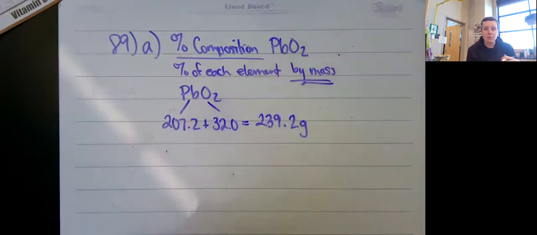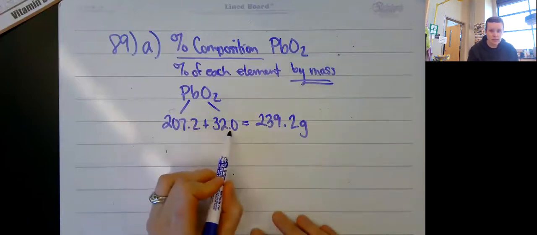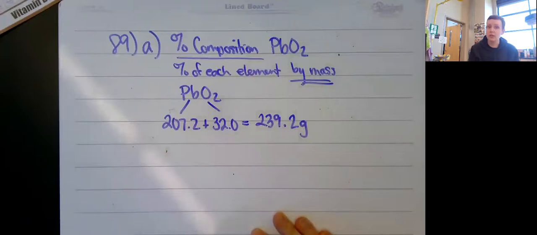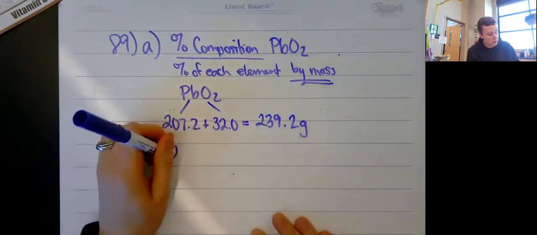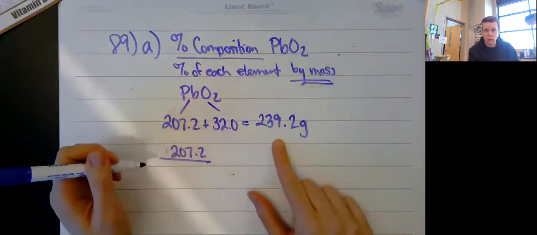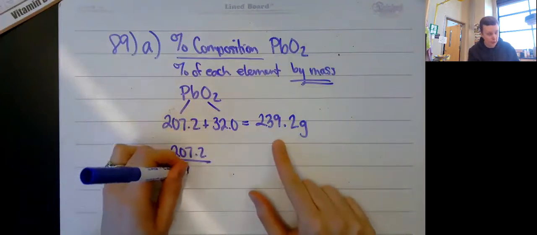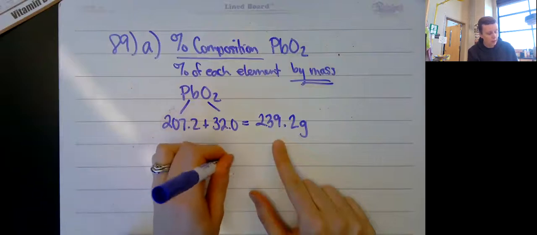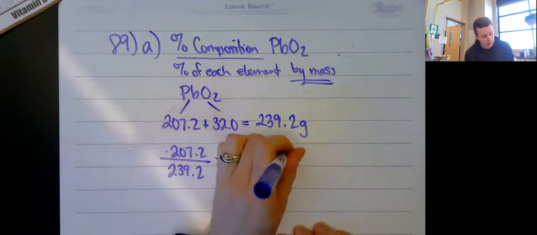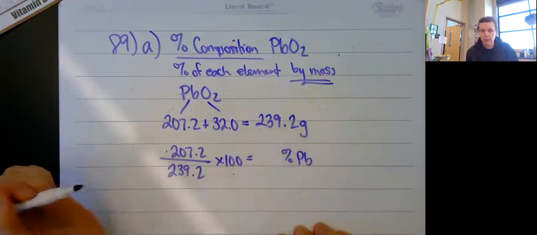But to get the percent composition of the compound, I need to take each piece, put it over the total, and then multiply by 100 to change that value into a percentage, okay? So we get 207.2 over the total mass, 239.2 times 100. This will give me the percent lead, okay?